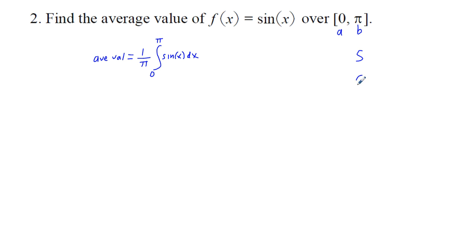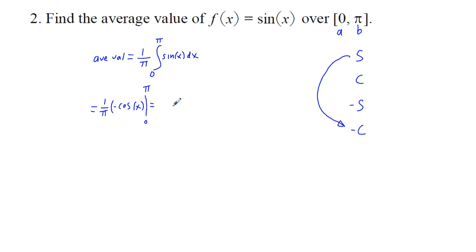Now, from earlier in this course, we've talked about this method of figuring out what's going on. So if we're integrating, we're going in a counterclockwise direction. So the integral of sine is going to show up here as negative cosine. So we have 1 over pi times negative cosine x, and we're evaluating from 0 to pi.